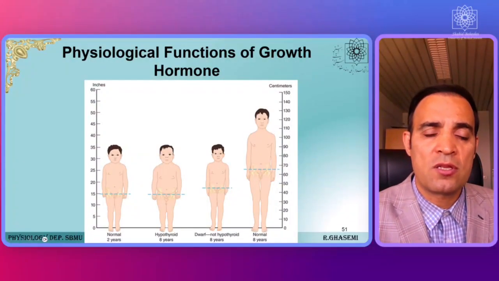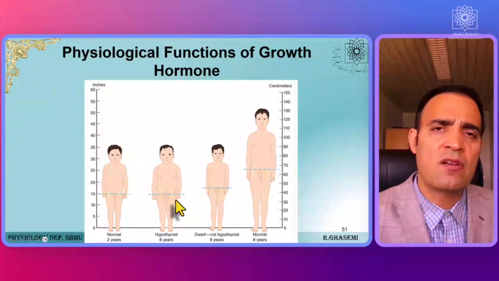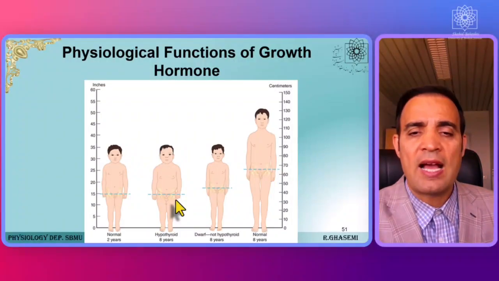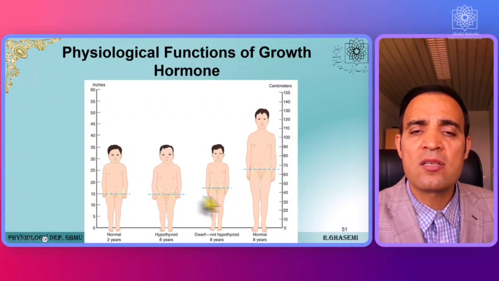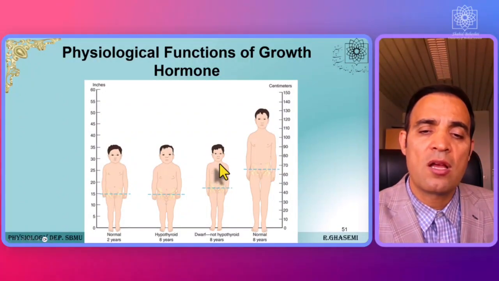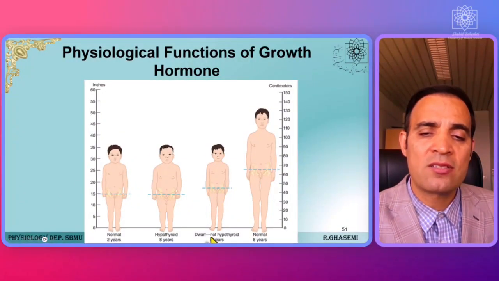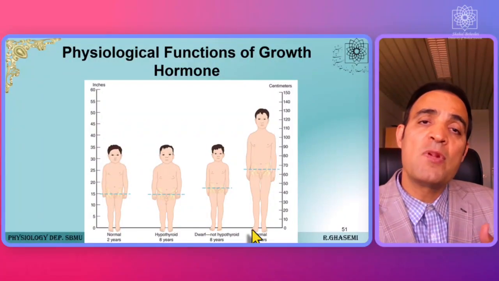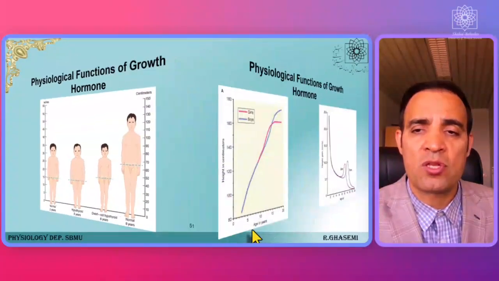The growth is retarded with different other abnormalities. And when growth hormone is not available, again we have retardation in growth, even though these two boys are 8 years old. This shows that the combination of all hormones is important for us.